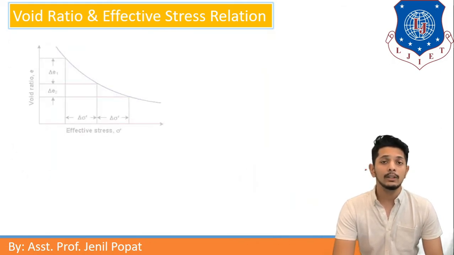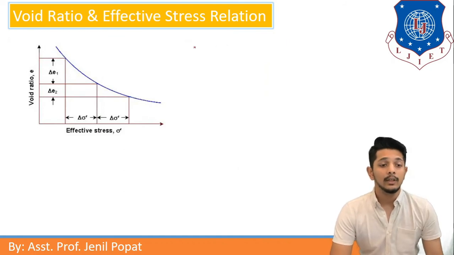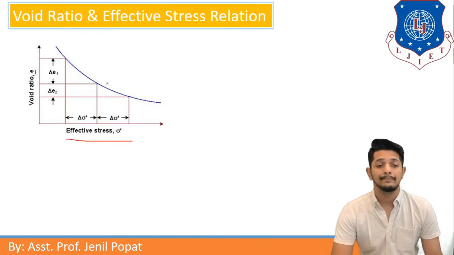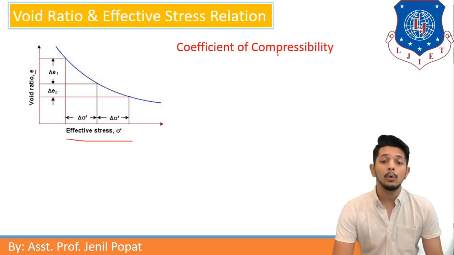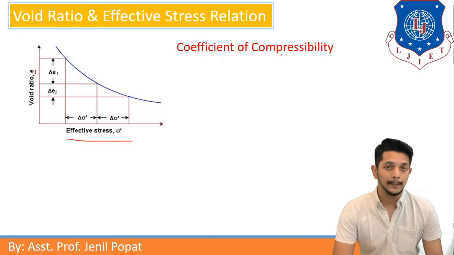Let us move further. This graph is showing the general behavior of soil, that as the effective stress is increasing, the void ratio of that soil is decreasing. Now Terzaghi has defined some more empirical formulas, like the coefficient of compressibility.